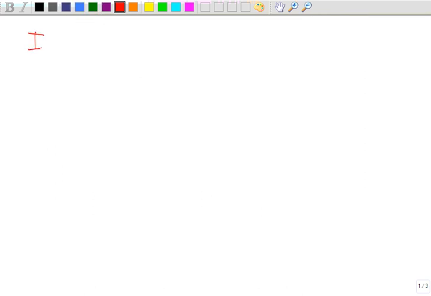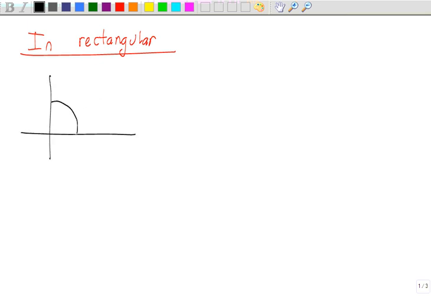Okay, the same problem in rectangular coordinates, that means x and y. If we look, the base of the region looks like this with radius 2. So let's go from here to here. This is y equals square root of 4 minus x squared. So we integrate y first.